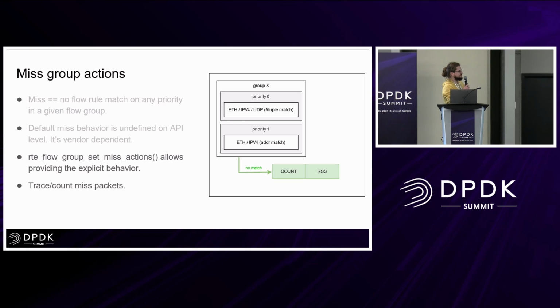This can be implemented using another priority with, for example, an empty match. But it's also a question of how this is implemented exactly in the hardware, because some hardware may not accept an explicit flow rule without any match. So we need to match on something, and maybe they provide an ability to say, if there's no match, do this.